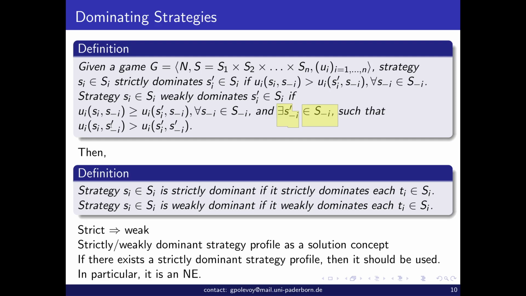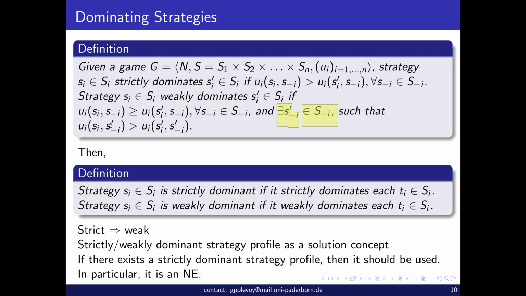So of course, if Si strictly dominates Si prime, it also weakly dominates Si prime, because it means that indeed for any strategy of the others, Si is always better than Si prime for player i. But weakly dominate does not imply that it's strictly dominant.